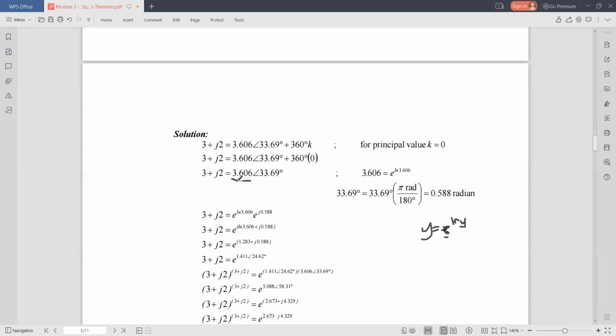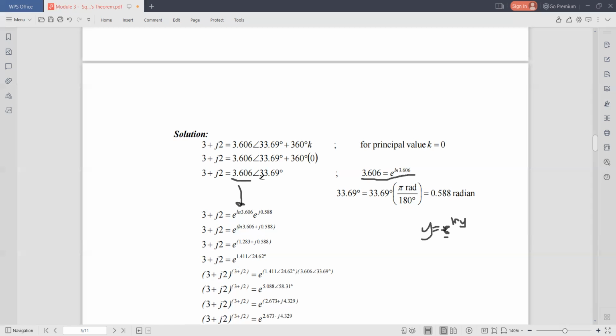Your magnitude here is e raised to ln 3.606. Saan naman galing yung e raised to j 0.588? Ito naman yung angle. Kinonvert natin into e raised to j 0.588.